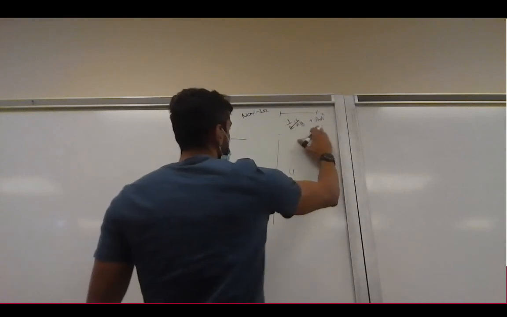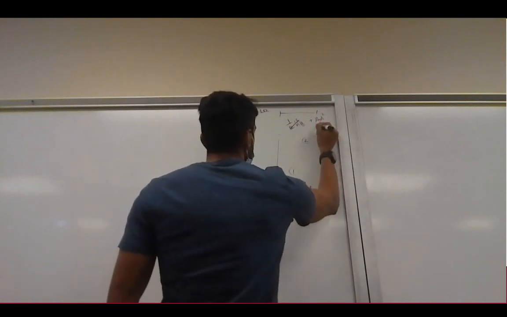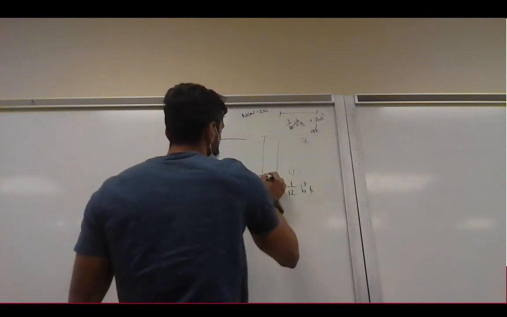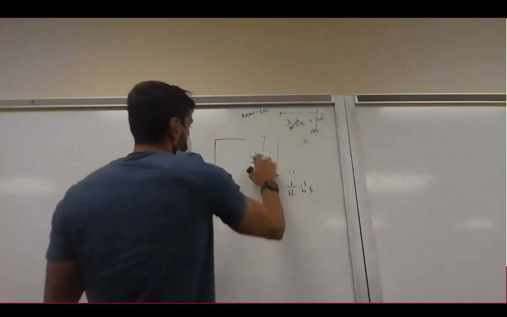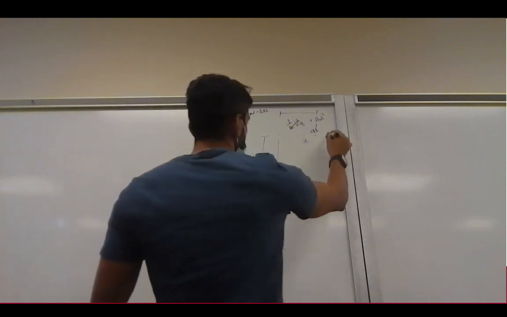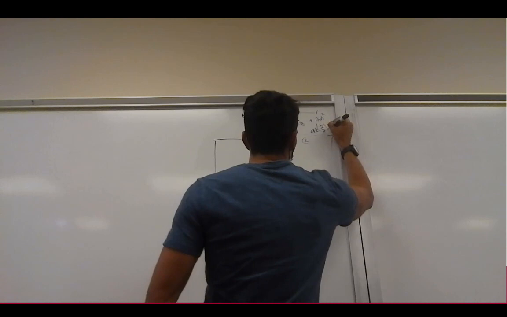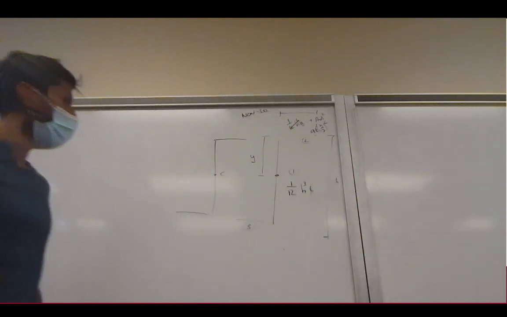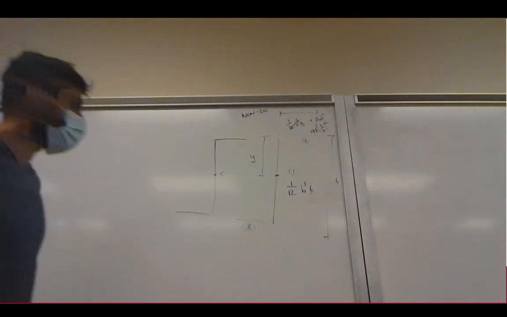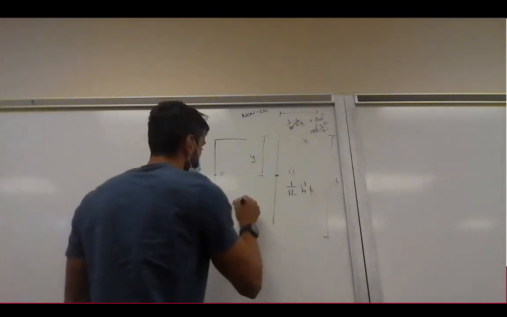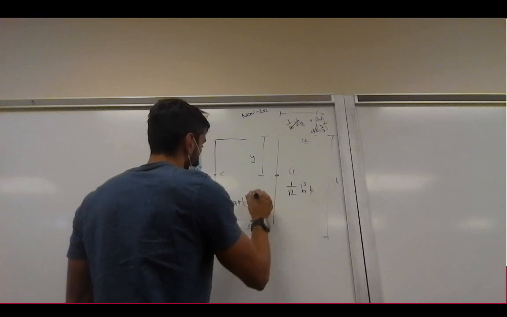A is in this case the area, that is A times T, and the d squared term is this y distance towards the centroid. So if this is h, this becomes h over 2 squared. And we get the same thing here, again AT h over 2 squared.